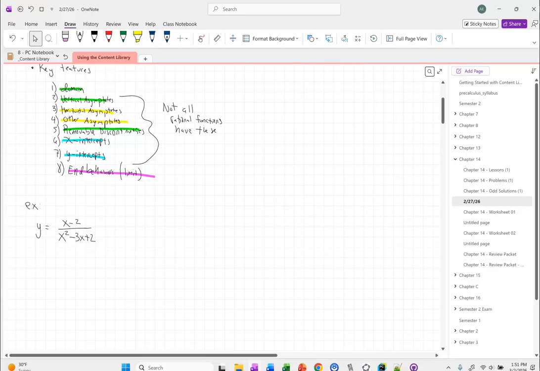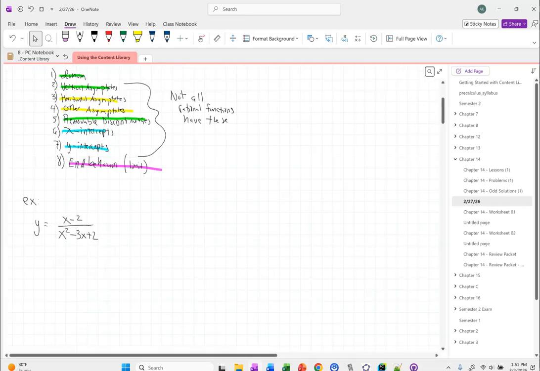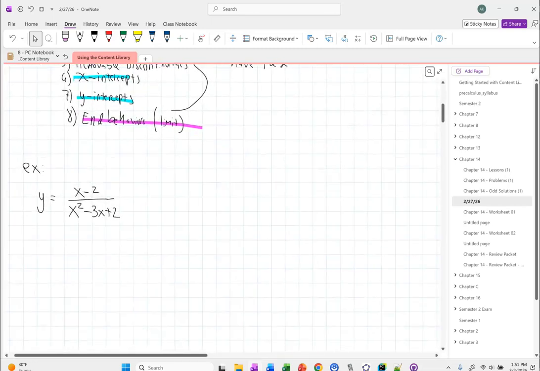So our first example. Here is x minus 2 over 3, x squared minus 3x plus 2.